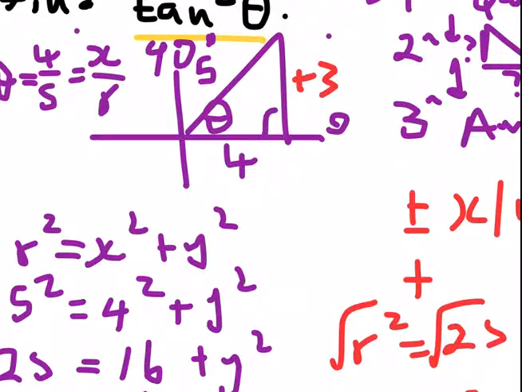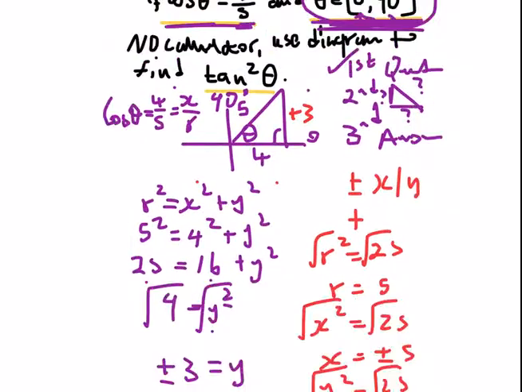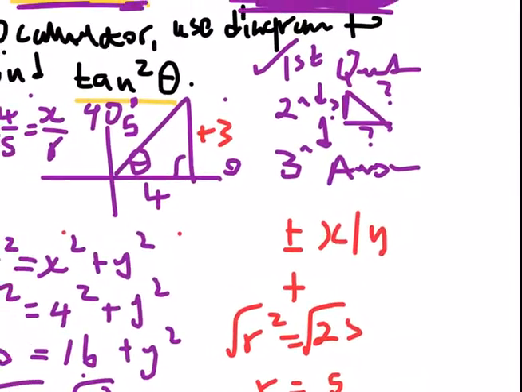But if it was in this quadrant or that quadrant, it would be negative. So we say plus or minus, knowing that the y value, and even the x value, can be positive or negative. It's only the r value which is always positive. So can you see, now we have just completed our right angled triangle.